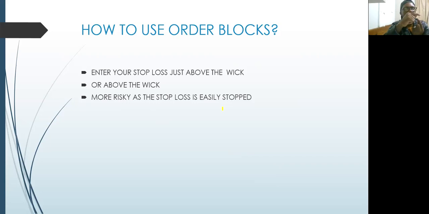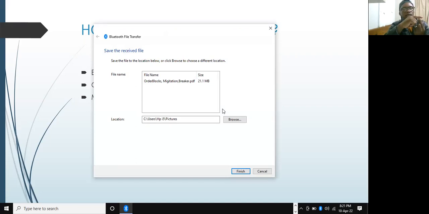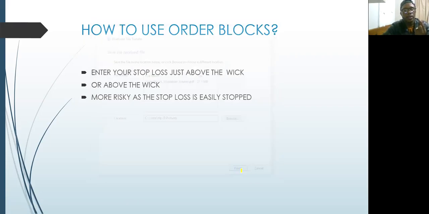You need to give it time, give the market the breathing space. Don't put the market under pressure, because the market is never under pressure, but you are under pressure since you need money from the market. You don't put the stop loss just on top of the wick, but give it some time.